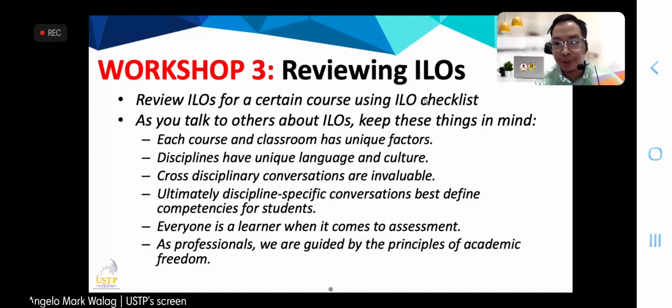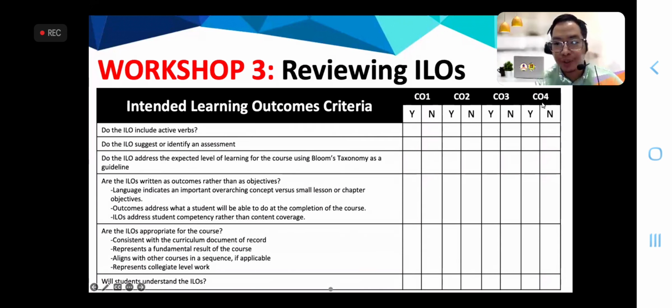What I want you to write are those: ILO 1, ILO 2, ILO 3, ILO 4. Generally, you have only one ILO per topic or per chapter.